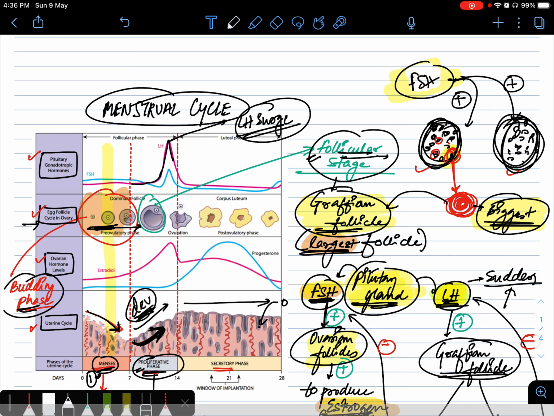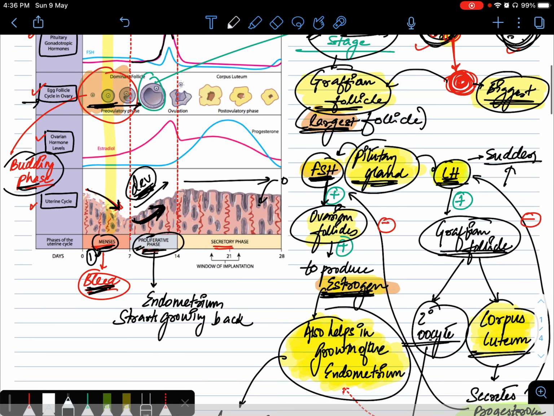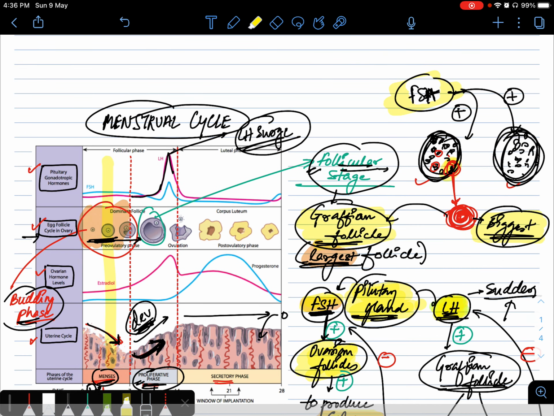What the body does is secrete FSH. Another function of FSH is to help in ovarian follicle development. So it helps in the development of these follicles. The body will randomly pick one of these follicles, from either one of these ovaries.